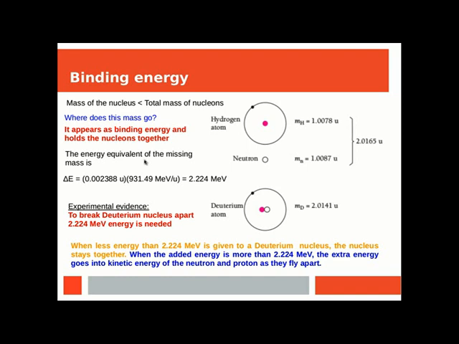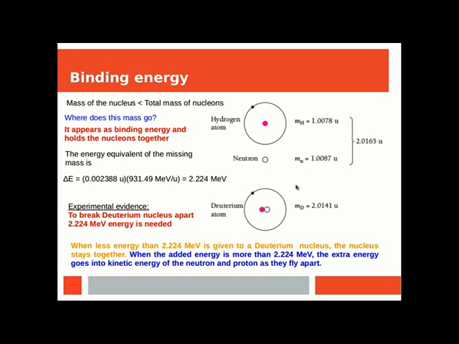Binding energy, as the name suggests, is the energy which holds the nucleons together strongly to form a nucleus. Because of the binding energy, the nucleus exists. If you want to break a nucleus apart into its constituents, binding energy is the amount of energy that is required to be supplied.